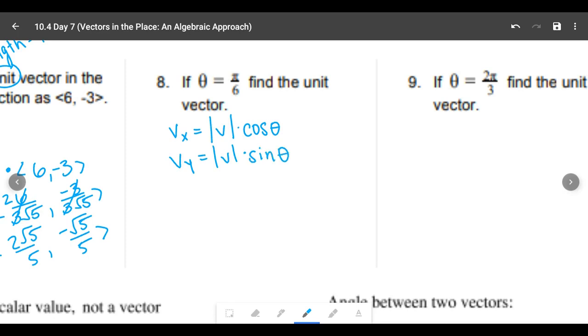So this problem tells me I'm looking for a unit vector, so the magnitude of it is just 1. We just need to find then cosine of pi over 6 and sine of pi over 6.